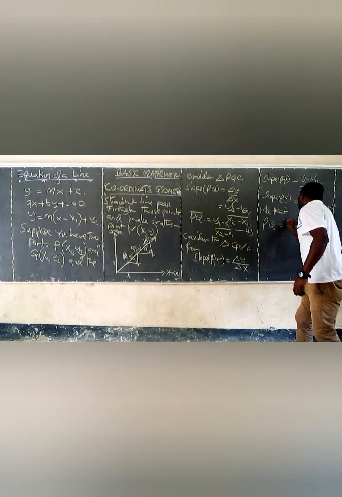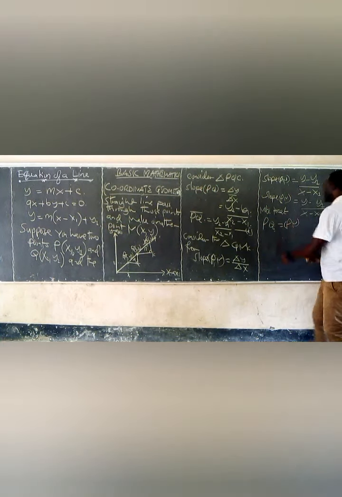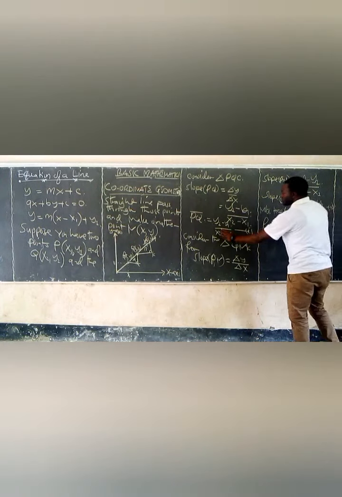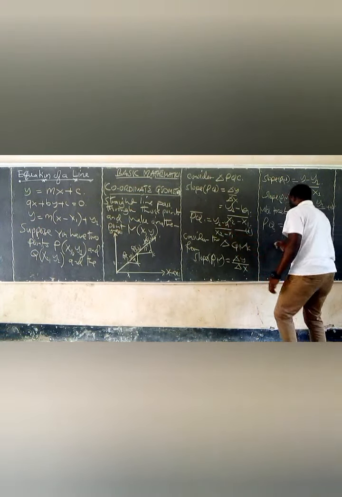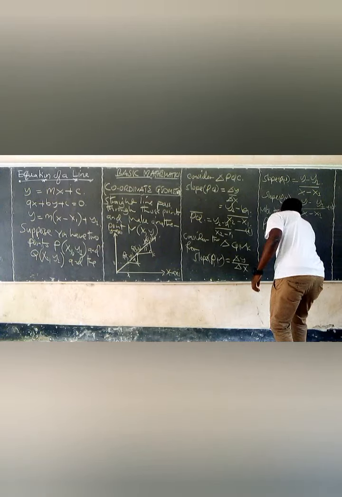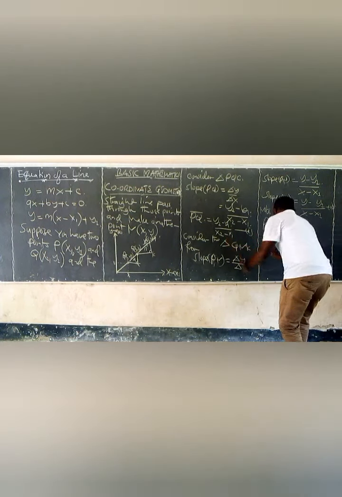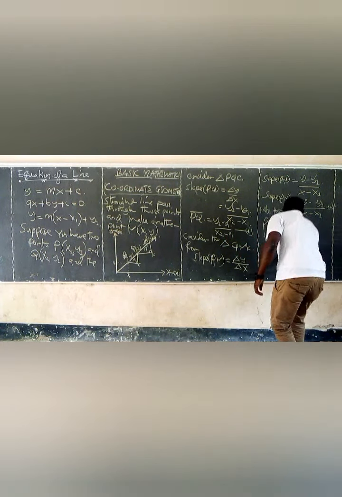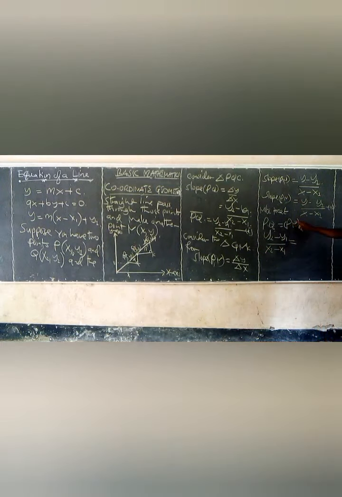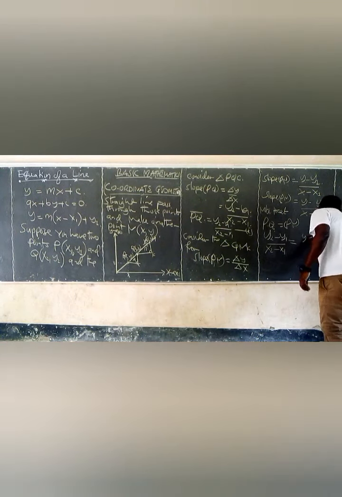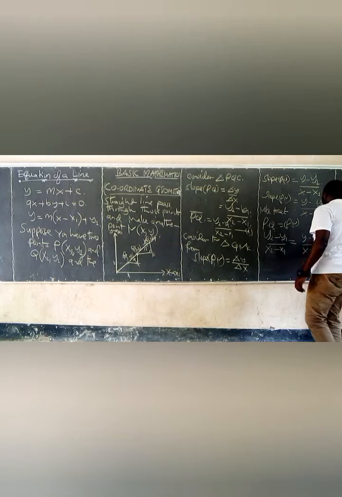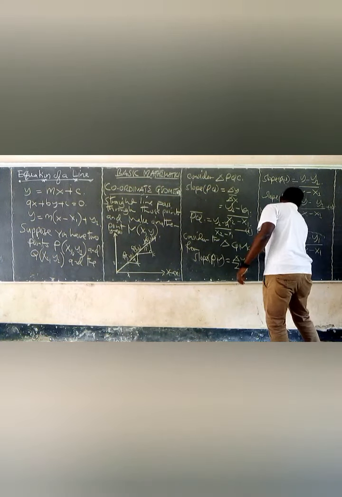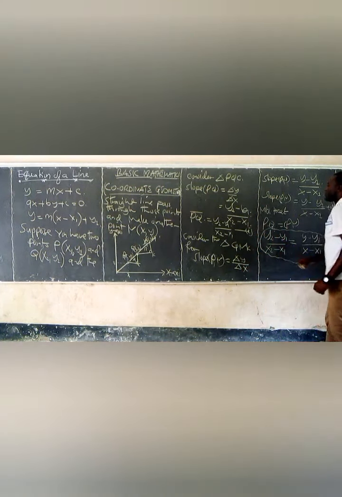PQ is equal to the slope of PN. PQ is y2 minus y1 divided by x2 minus x1, and the slope of PN is y minus y1 divided by x minus x1. So this is the general formula which represents the equation of the line.